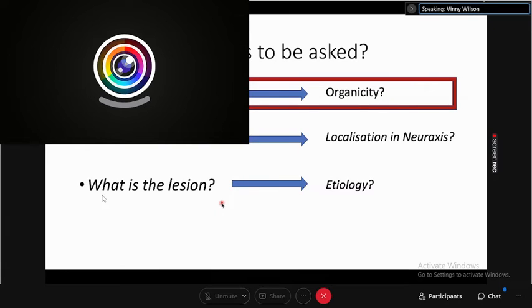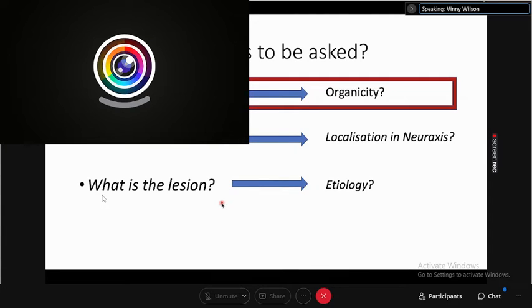But as a neurologist, I would address the last two questions first. Try to localize the lesion and try to find an etiology, and use all my resources to pinpoint the lesion and determine an etiology. And when I don't find one, only then I start thinking of the first question as to whether there is a lesion.